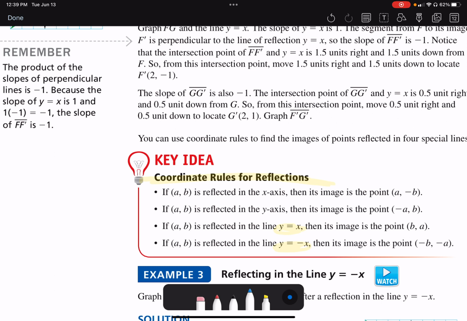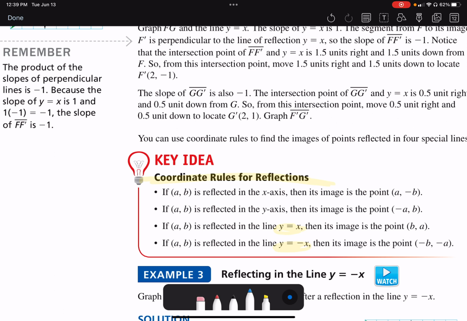So this is what it means: if A, B is reflected in the x-axis, then its image is the point A, negative B. You could do what I did. I counted: this coordinate is, say, 1 away from x is equal to 1.